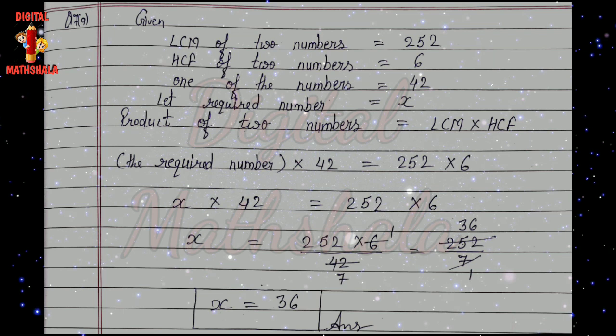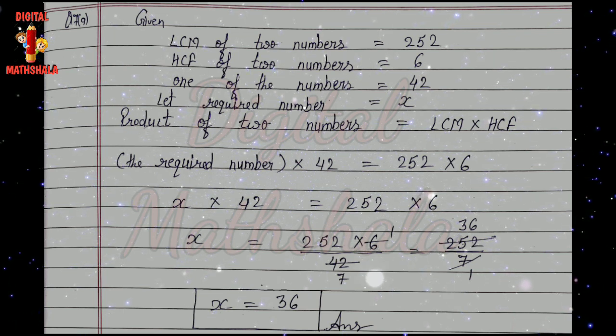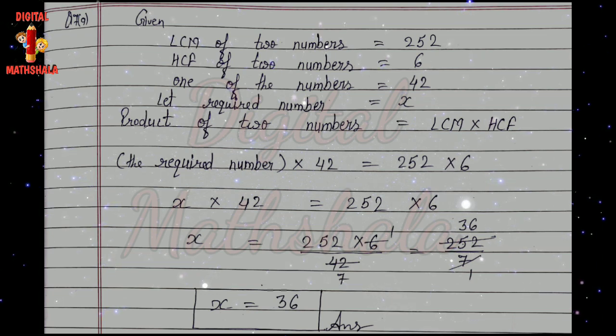So we have an equation. If we have LCM and HCF together, then the equation is: product of two numbers equals LCM into HCF. So by using this equation we can find it easily. The required number we are assuming is x, so in place of the required number we will write x.